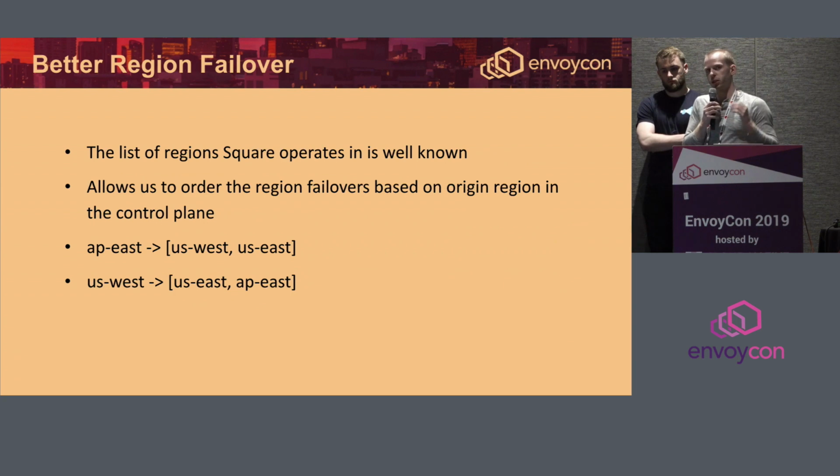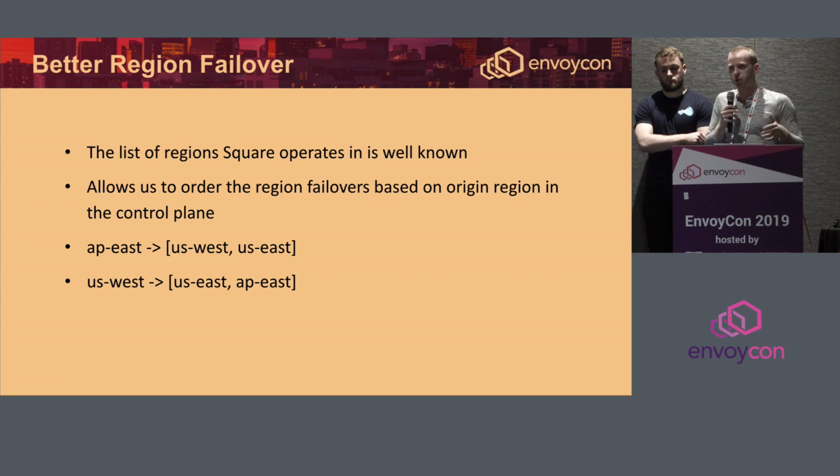We also have, since we're a medium-sized company, we just know all of the regions we're in. So it's a lot easier for us to give an ordering to indicate which region should be attempted in which order. So for us, we could just put all of the orderings in the control plane, and that becomes the way it's done.